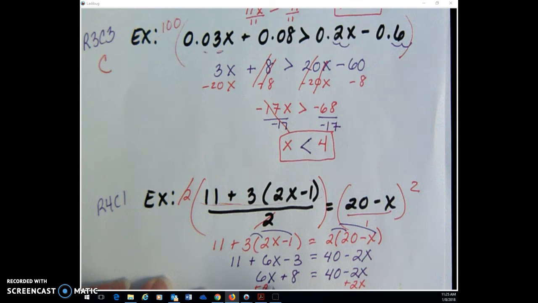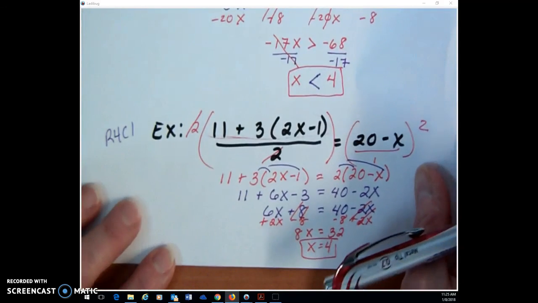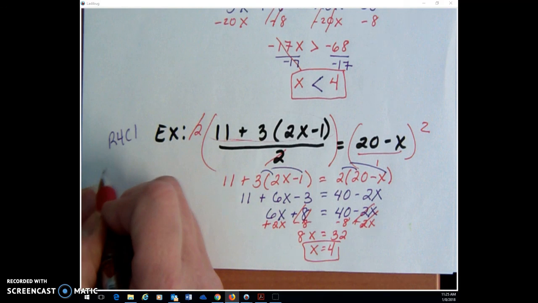So I'm getting my variable terms together in the solving process here. So I end up with 8x equals 32 and x equals 4. Push this up a little bit. And the answer for that is D.